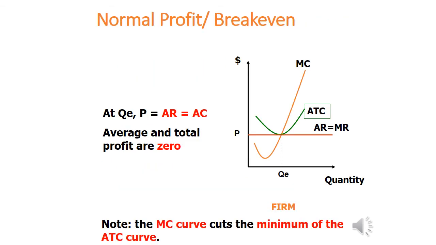Now, how do the different profit levels look on the diagram? For normal profit, this is your regular demand curve of perfect competition. Remember, it's totally horizontal or perfectly elastic.